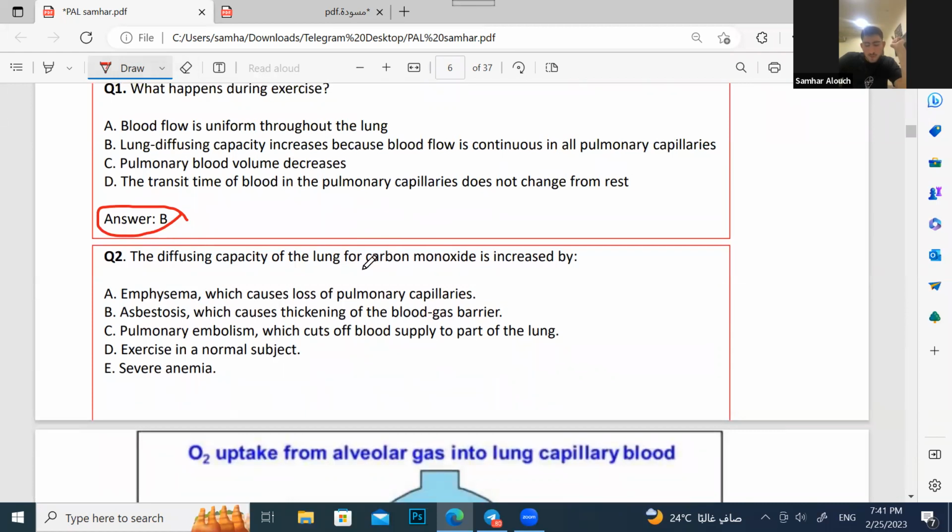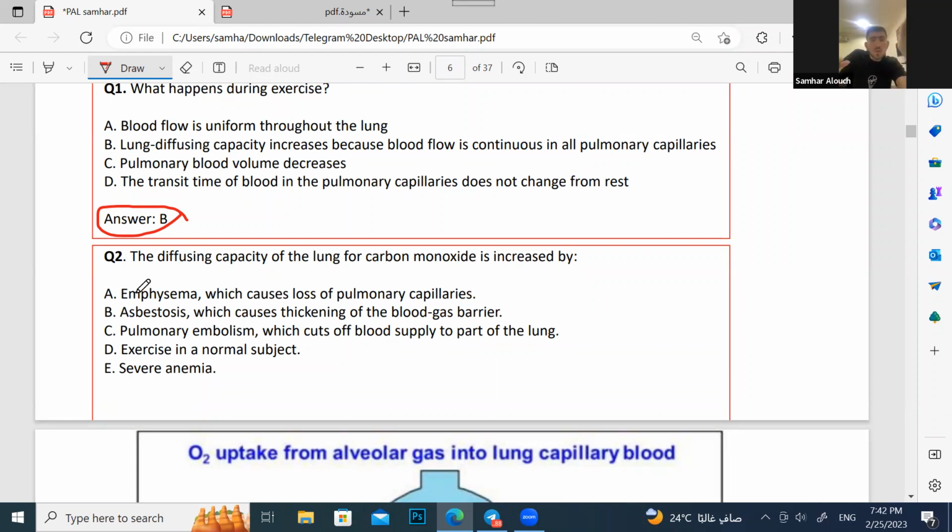The other question: the diffusing capacity of the lung for carbon monoxide is increased by what? Emphysema, asbestosis, pulmonary embolism, exercise in a normal subject, or severe anemia. I see D, another D, and E. To whoever said D, he is correct.